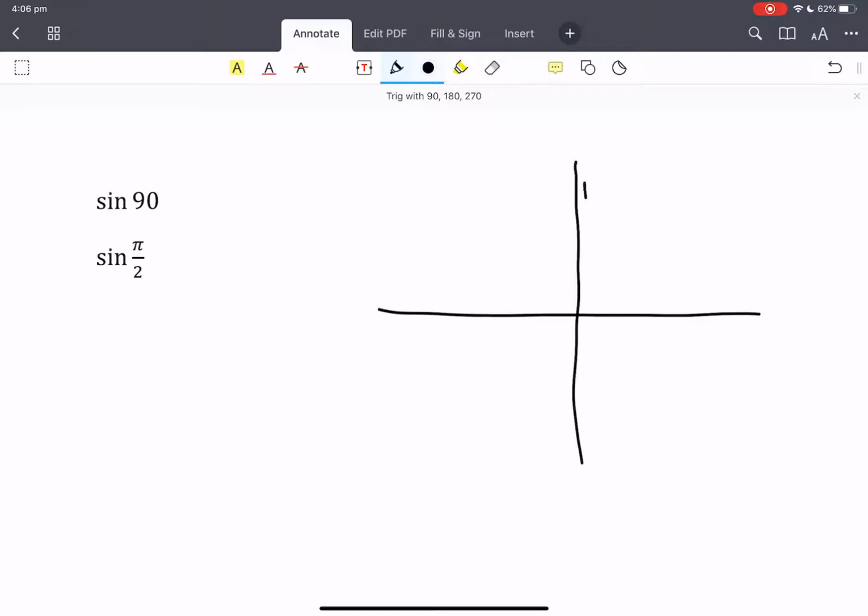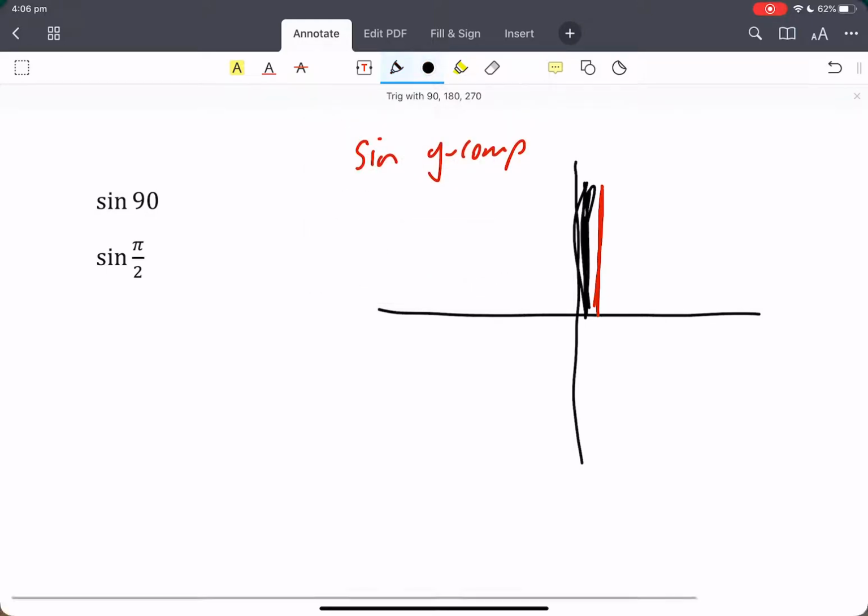I'm going to draw my 90. There's my 90. Because sine is the y component, I do that in red. How long is my red line?